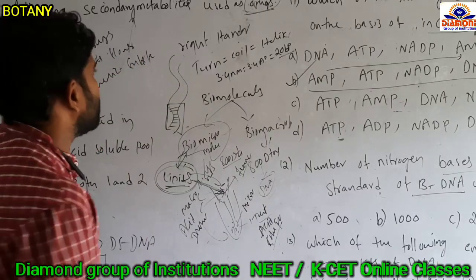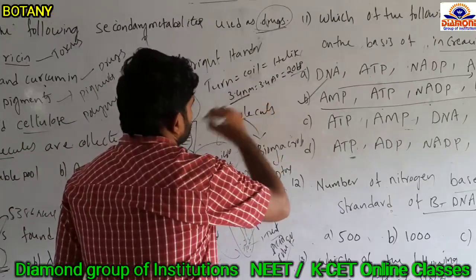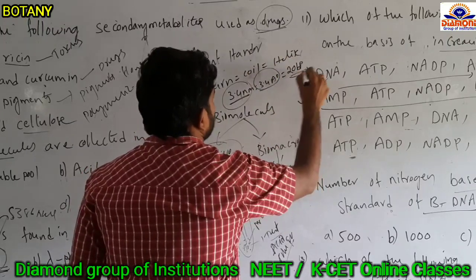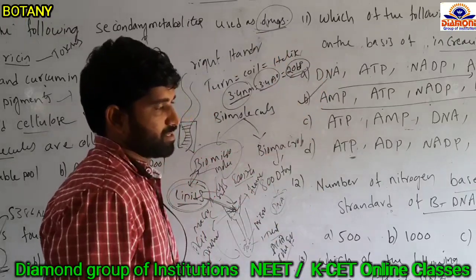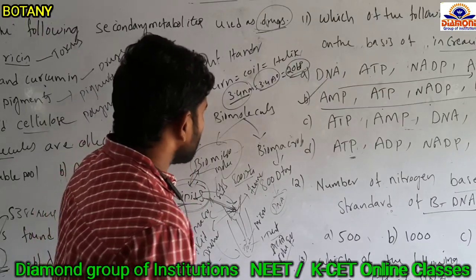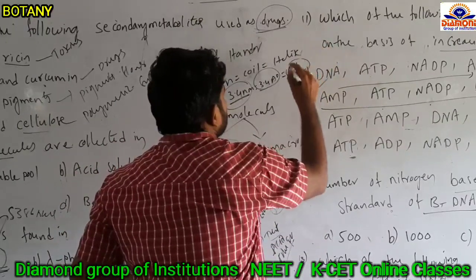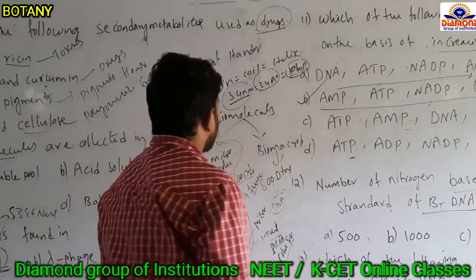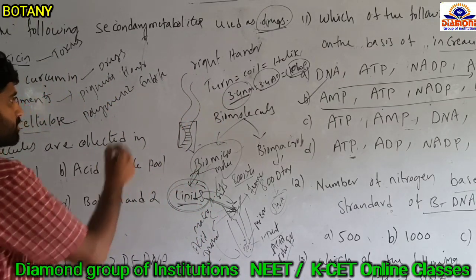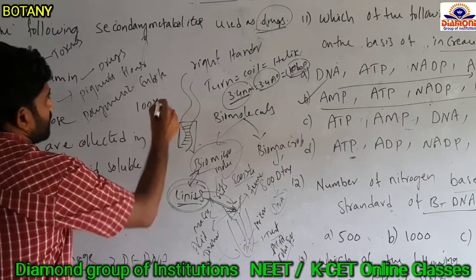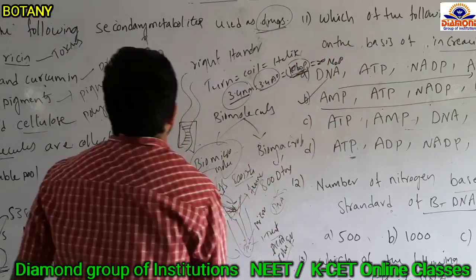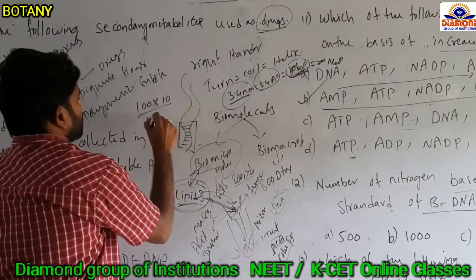Each turn of the B-DNA is 3.4 nanometers, otherwise 34 angstrom units, and contains 10 base pairs, which equals 20 bases. Now 100 into 10 will be 1000.